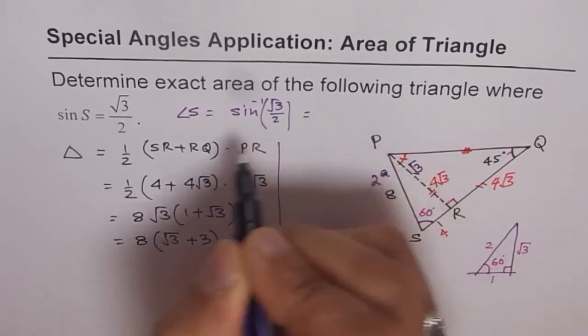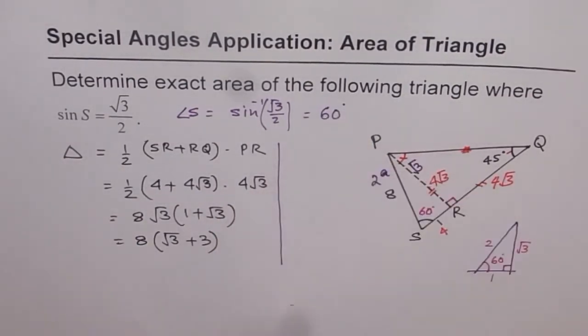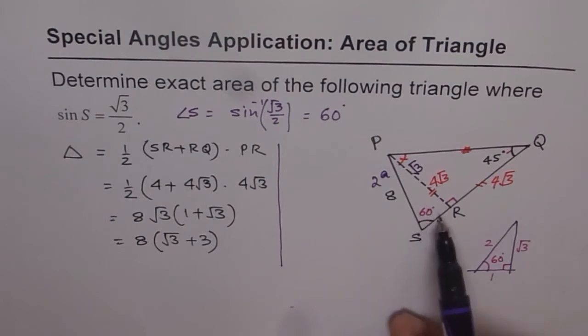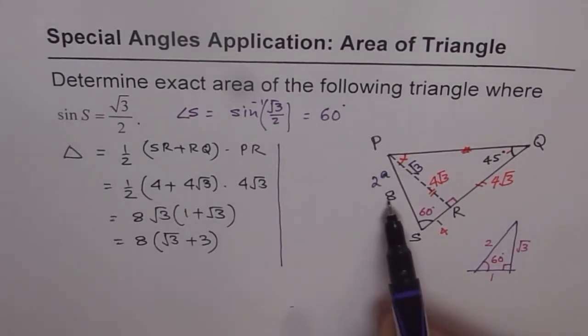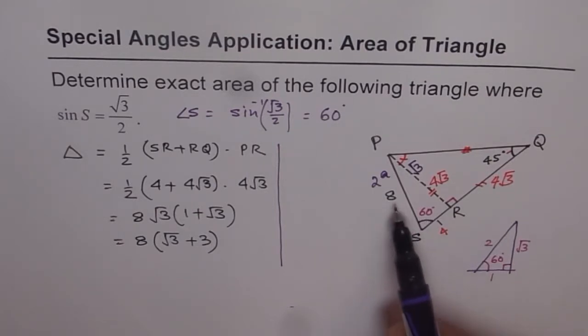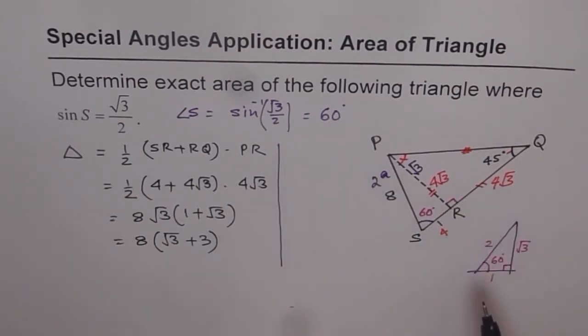So you'll have to use a calculator, and when you do that, you'll get the answer as 60 degrees. Now when you get 60 degrees, you know in this triangle your hypotenuse is 8, right? And that is cosine of 60 degrees. 8 times cosine of 60 degrees, which is half of 8, correct? So you can use a calculator and figure out all the sides and then get the answer.